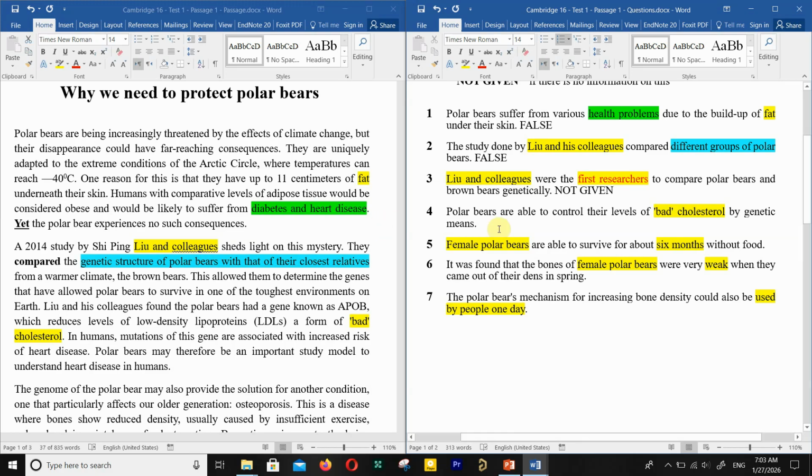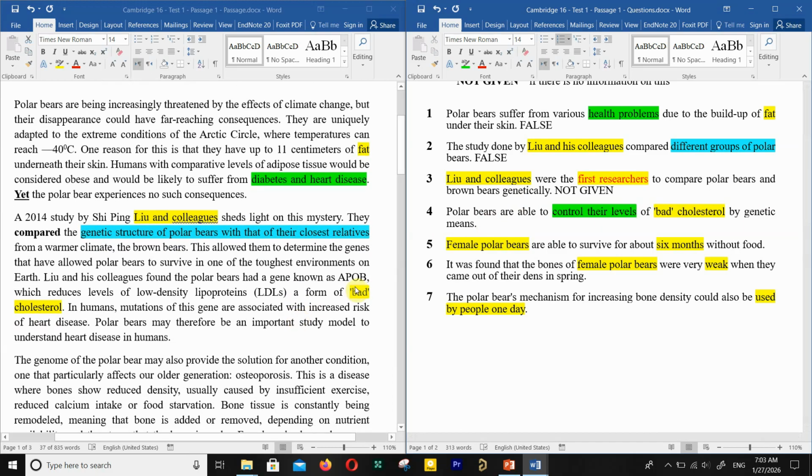And how about question 4? Polar bears are able to control their levels of bad cholesterol by genetic means. Control their levels of bad cholesterol. Bad cholesterol, we already found it.